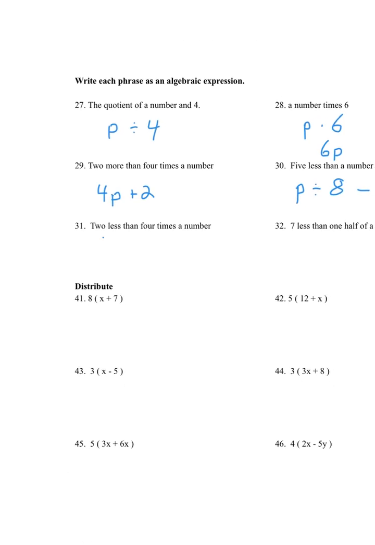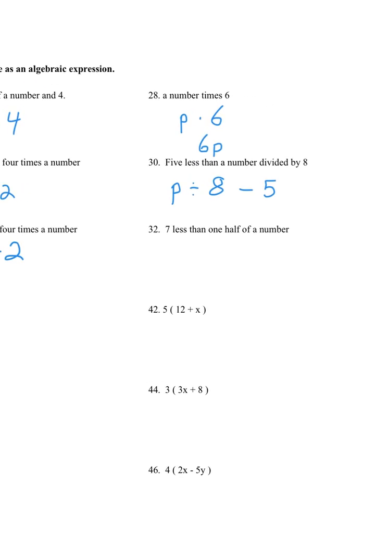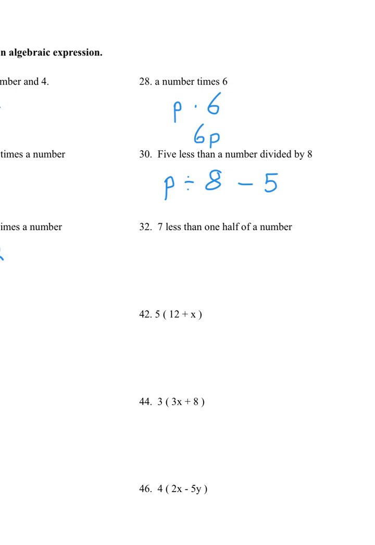So if we have 4 times a number, and then we have 2 less than that, we have 4p minus 2. Number 32, if we have 7 less than 1/2 of a number, we have to start with our 1/2 p, and then we will subtract our 7 at the end.